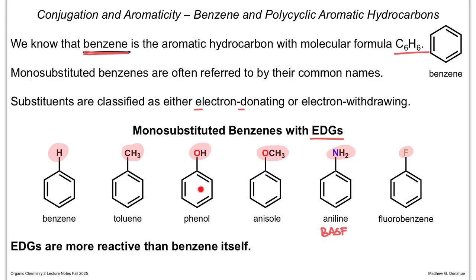But now say you want to start with one of these and do a second substitution. Now the position will matter because you can end up with different relationships relative to that first group. And the reason it says these are more reactive than benzene is any mechanism will always have a nucleophile supplying electrons and an electrophile accepting them.